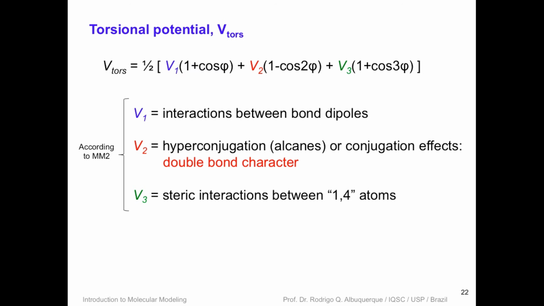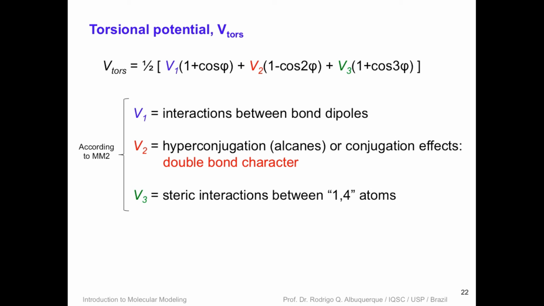V1, V2, and V3 may be interpreted according to MM2. V1 is related to the interactions between bond dipoles. In every bond, atoms may have different electronegativities, and therefore you have a bond dipole associated to this chemical bond.